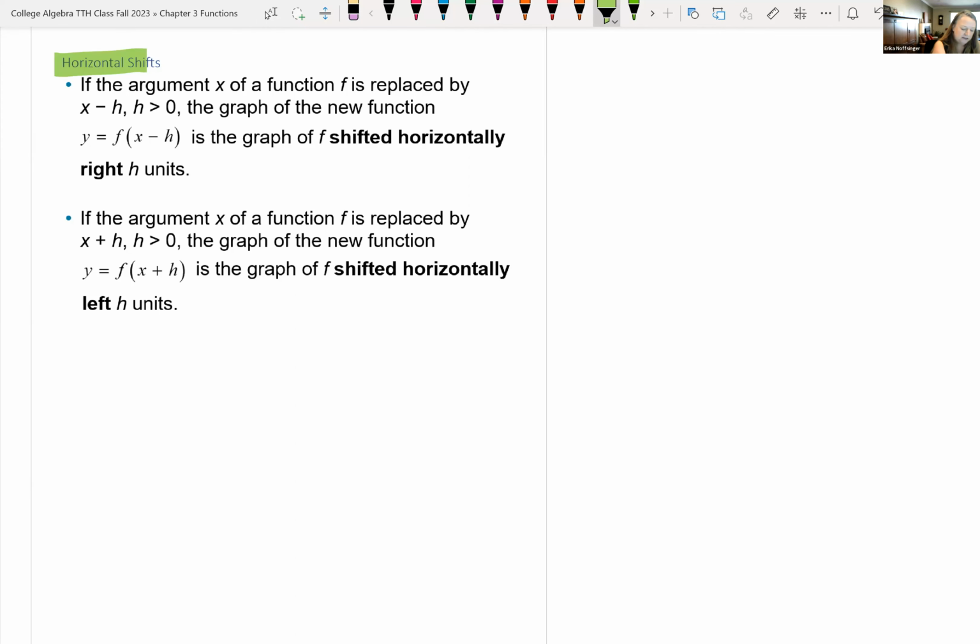If the argument x of a function f is replaced by x minus h, where h is bigger than 0, so we're subtracting some positive number, the graph of the new function y equals f of x minus h is the graph of f shifted horizontally to the right h units. So this is actually opposite of what we think it's going to do when it's inside.